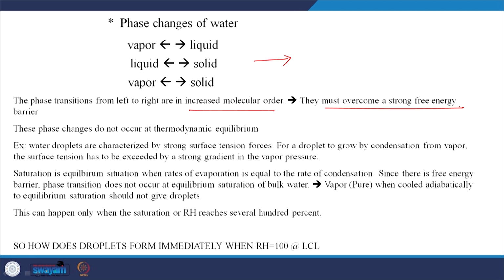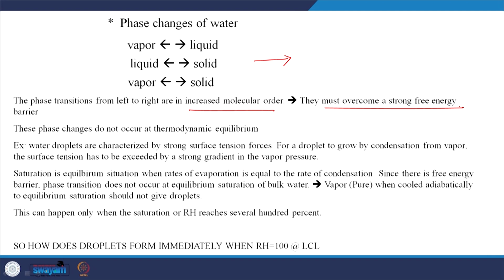But we have seen how the droplets form immediately when the relative humidity reaches just 100% at the lifting condensation level, right. So, the point is, if you have the purest phase, that means no impurities, in that particular phase you will not encounter droplet formation even if the relative humidity is 100%.